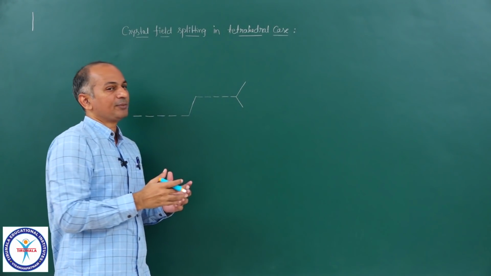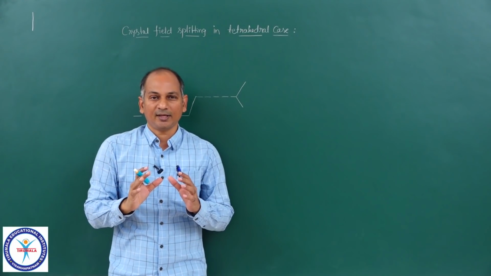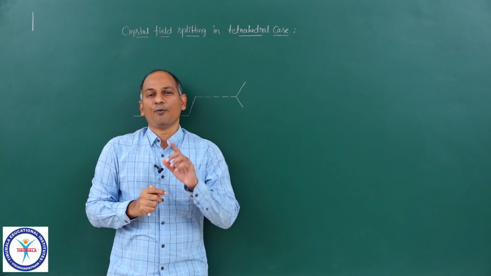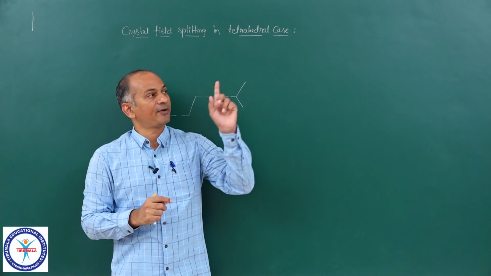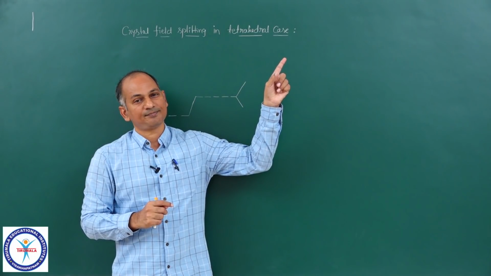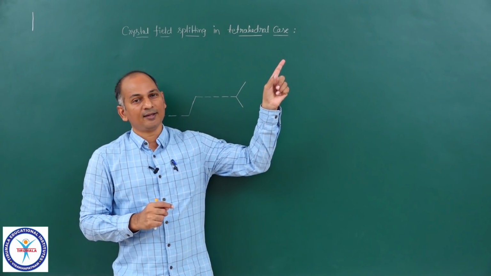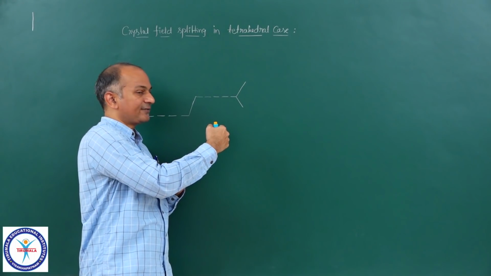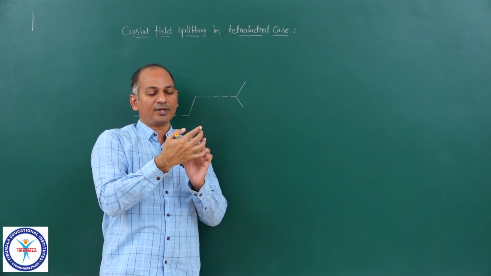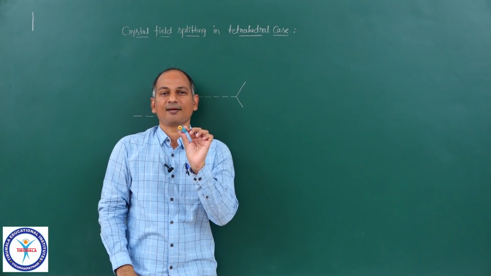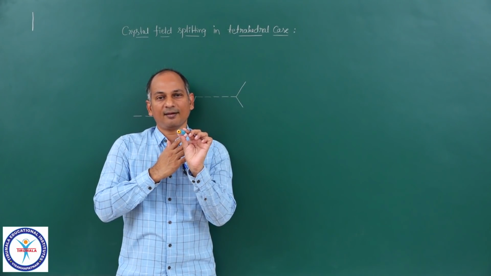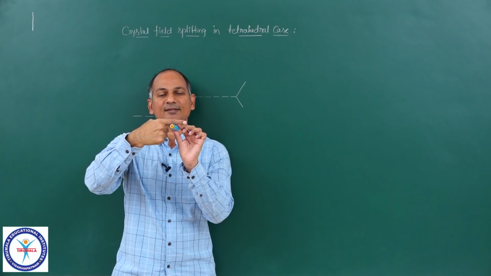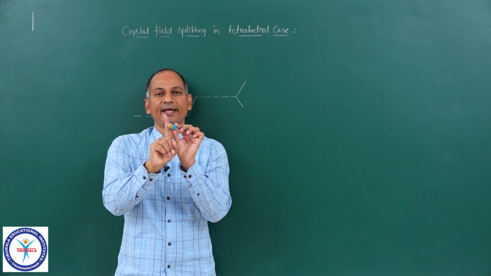Now let us see how the splitting happens. Listen to me very carefully. One ligand is coming from this corner, and we have one lobe pointing towards this face center. If you remember, this is the x-axis, and this is the y-axis. This is the z-axis.